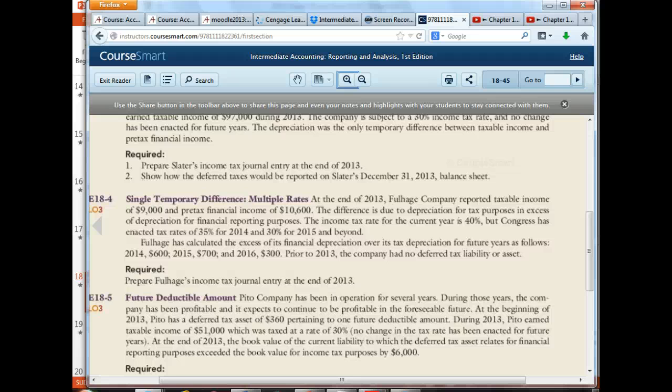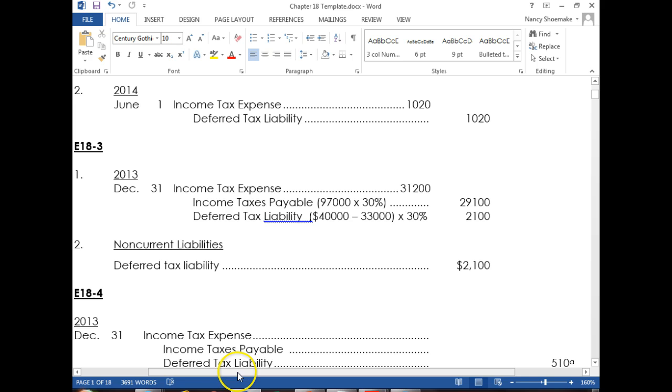We recorded more depreciation in 2013 than the straight line depreciation per GAAP. So it tells us the excess in the following years, and we now have to determine how to report this on our books.